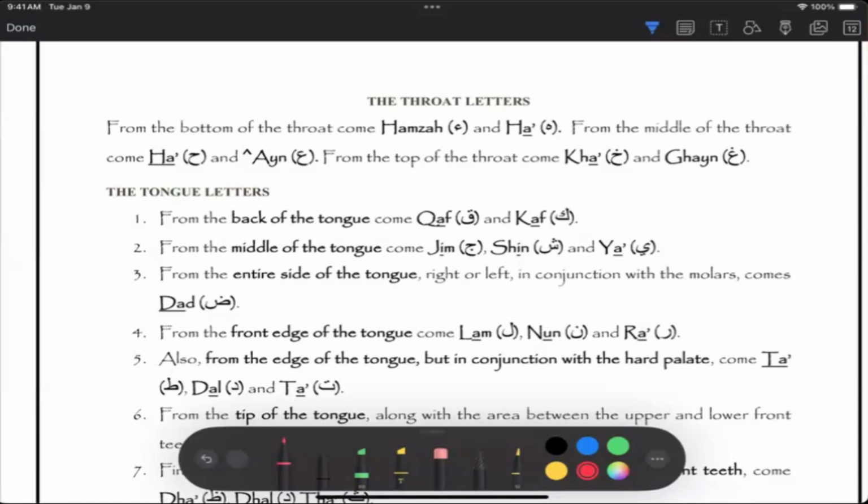From the back of the tongue come the qaf and the kaf. Qaf is the further one. Kaf is closer. Further means closer to the throat, because in what we are talking about now, the closest thing is the lips, and the furthest thing is the bottom of the throat.